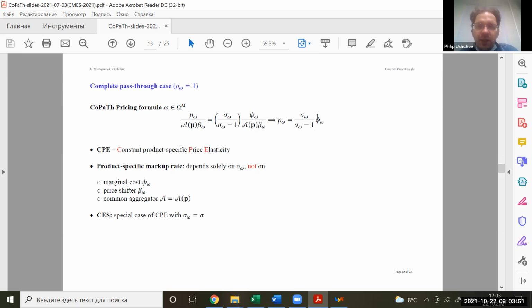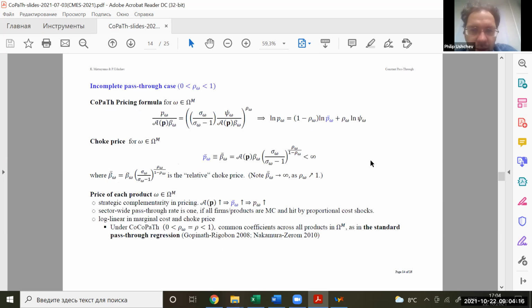So here sigma is no longer the elasticity of substitution, which is common across varieties, but it's a constant, firm-specific demand elasticity. That's the difference. So CES is a special case when all the price elasticities are common across firms.